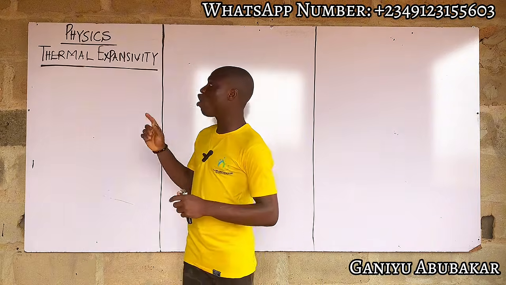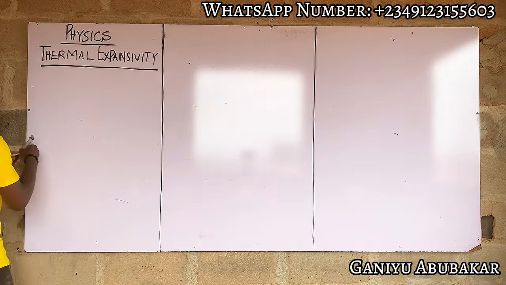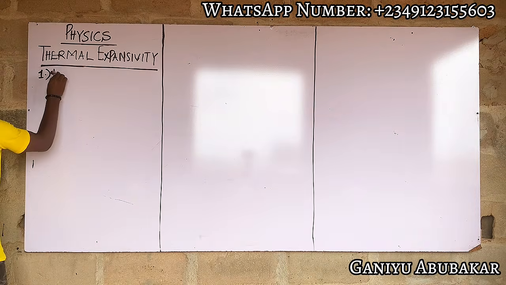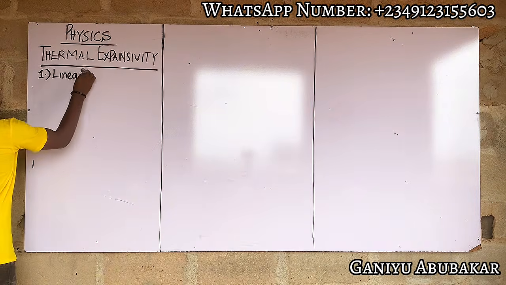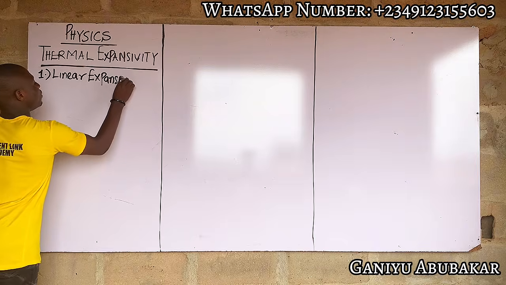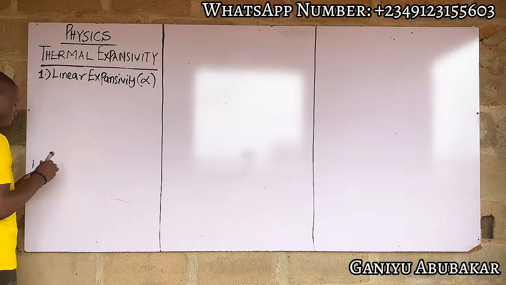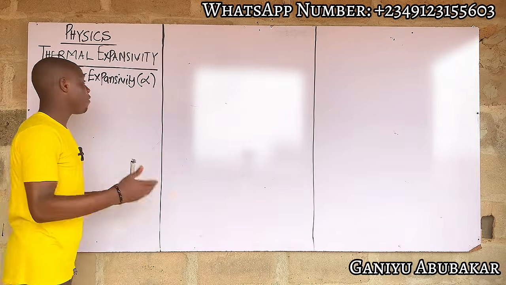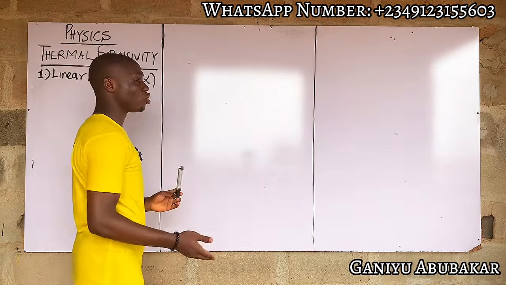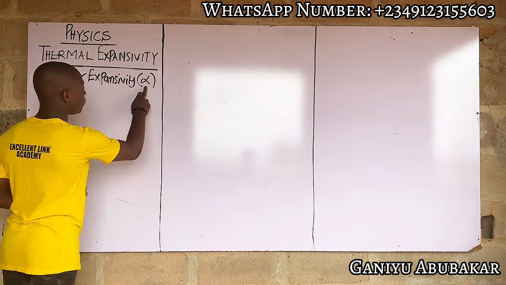All right, we said when it comes to thermal expansivity, there are three concepts. The first one is called linear expansivity, represented as alpha.